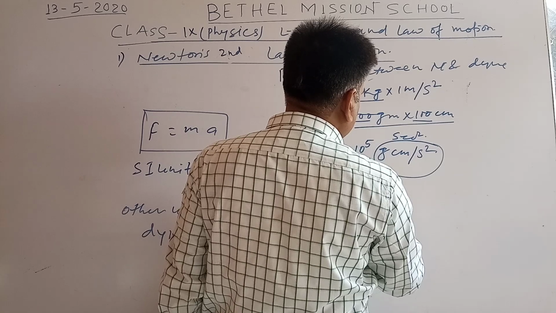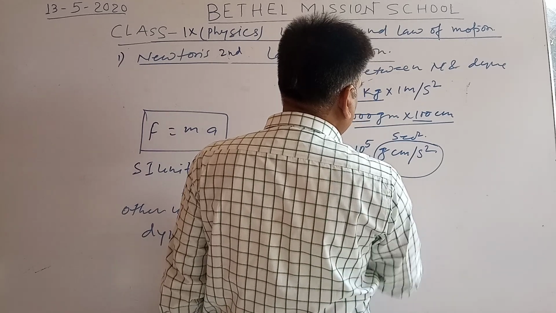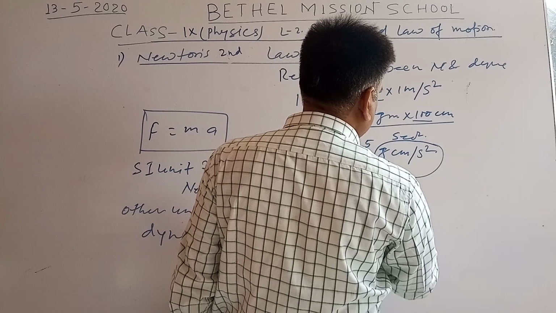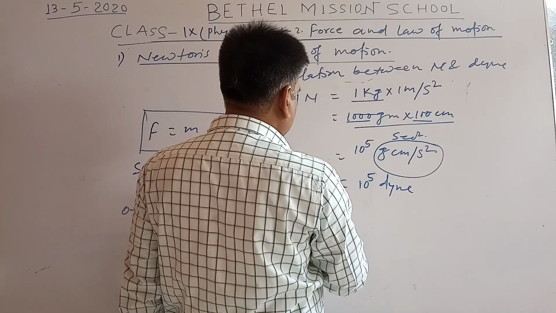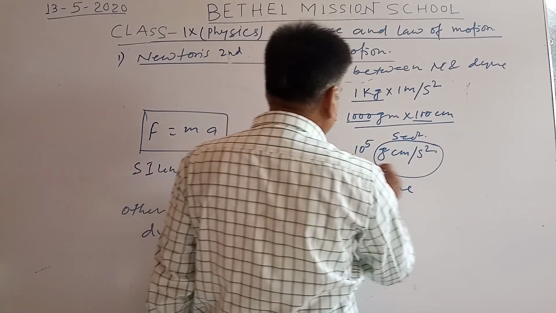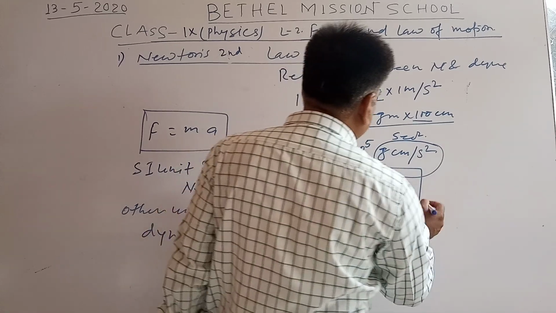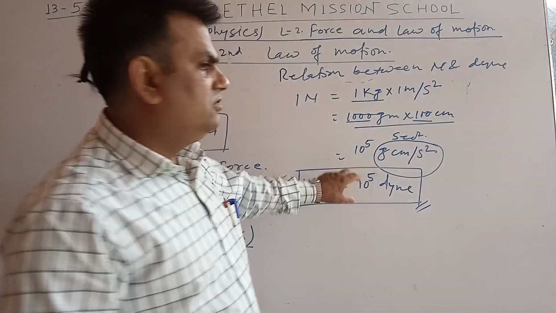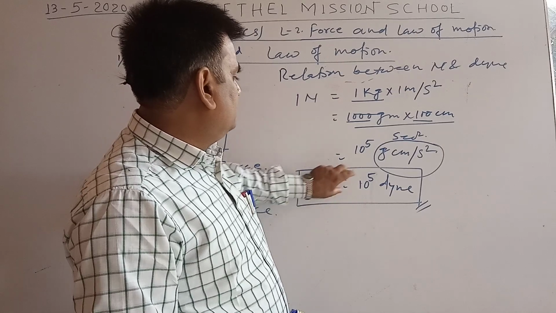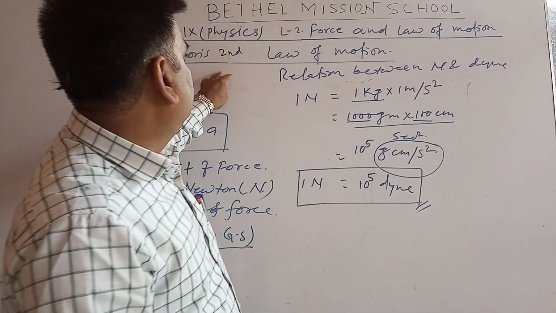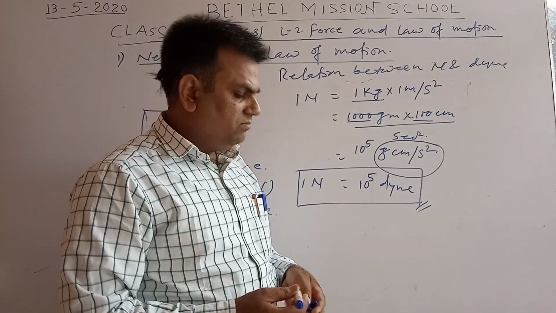So 1 Newton equals 10 raised to the power 5 dyne. This is the required relation between Newton and dyne, and this is Newton's second law of motion.